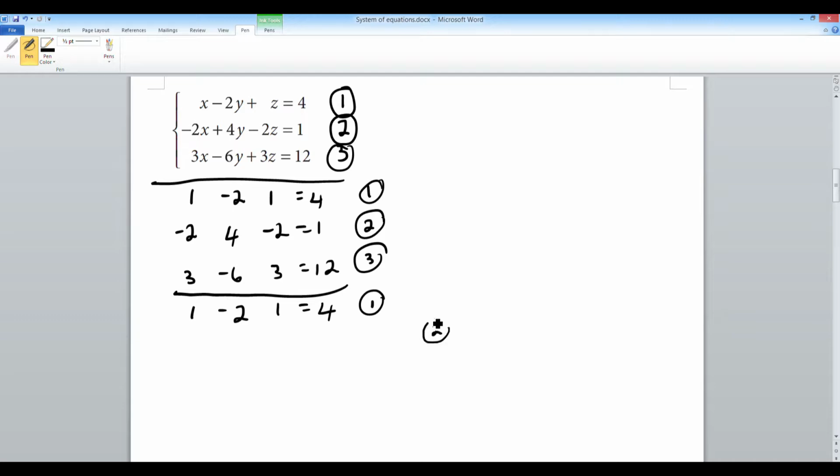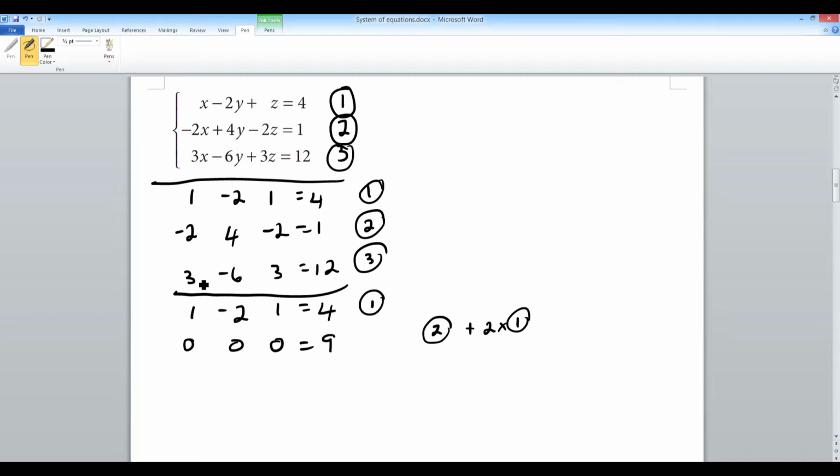So I'm going to say row 2 plus 2 times row 1, because negative 2 plus 2 is going to give me 0, and then 4 plus 2 times whatever is in row 1, so it becomes 4 plus negative 4, which is again 0. In this case here, negative 2 plus twice what is in row 1, and this is again 0, and then I have 1 plus 2 times whatever is in row 1. In this case, 1 plus 8 is 9.